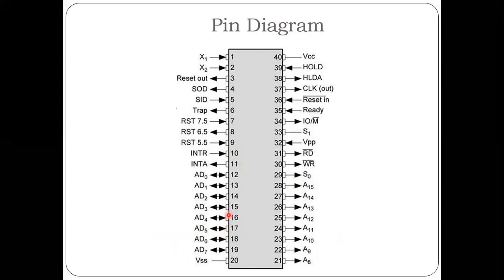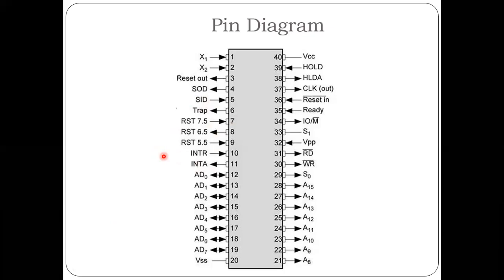Then the power supply pins will be VCC and VSS. VCC will be plus 5 volt DC. Then interrupts: interrupt is one of the best processes for accessing external devices. The maximum priority is TRAP, and the minimum priority is INTR, that is, the interrupt request has the minimum priority.